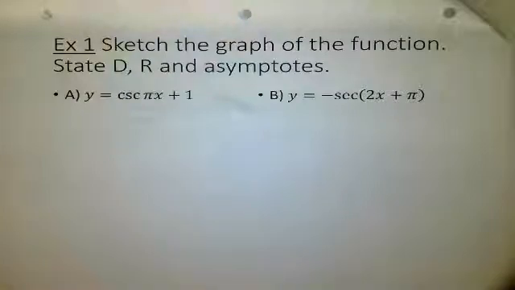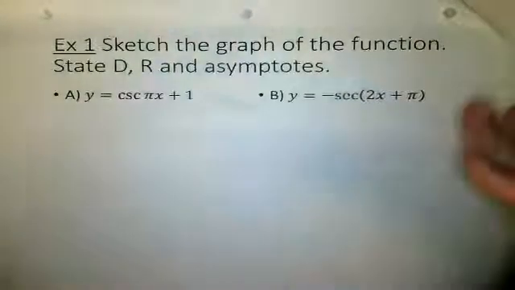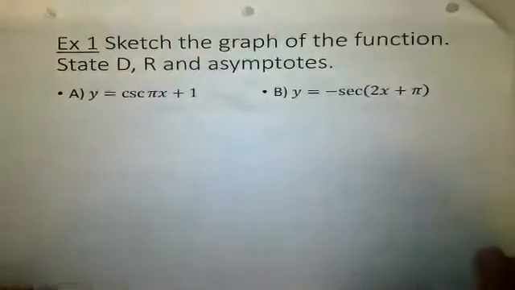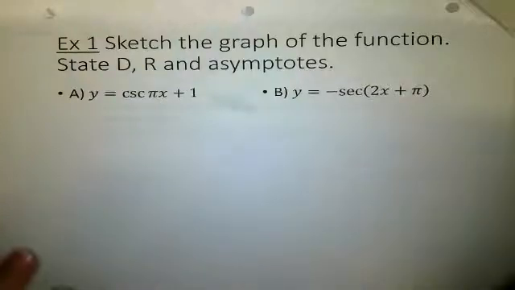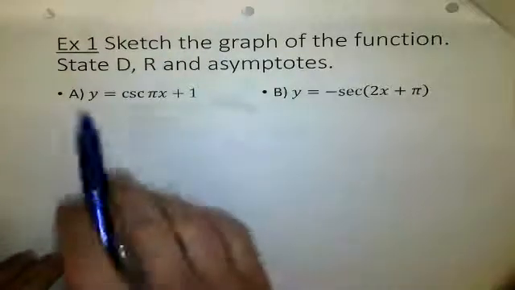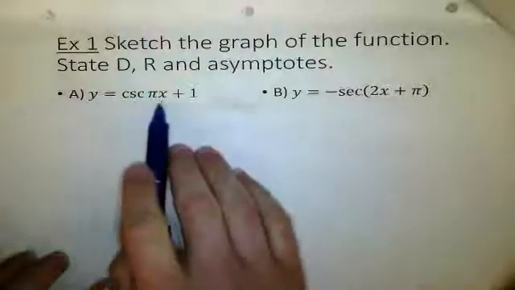I learned first period that I need to allow myself more space for these. So give yourself plenty of room. I didn't. This was not enough for me today. So this is y equals the cosecant of pi x plus 1.